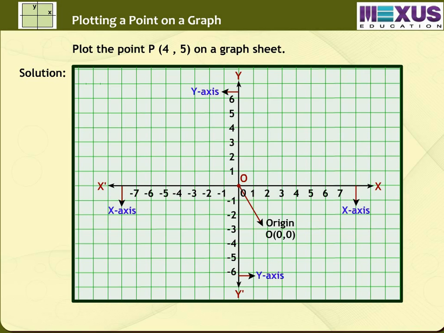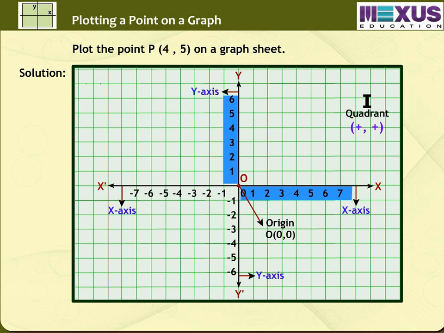Here the x-coordinate of P is 4, so it lies on OX, and the y-coordinate of P is 5, so it lies on OY. The region between OX and OY contains all positive points. Hence the point P(4, 5) lies in the first quadrant.